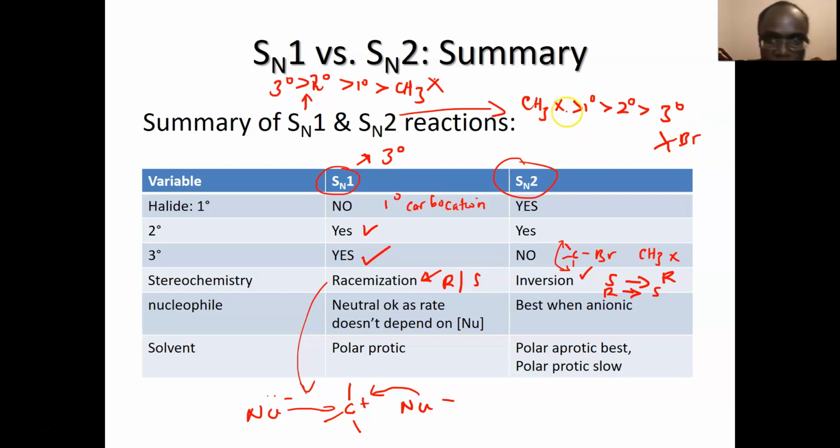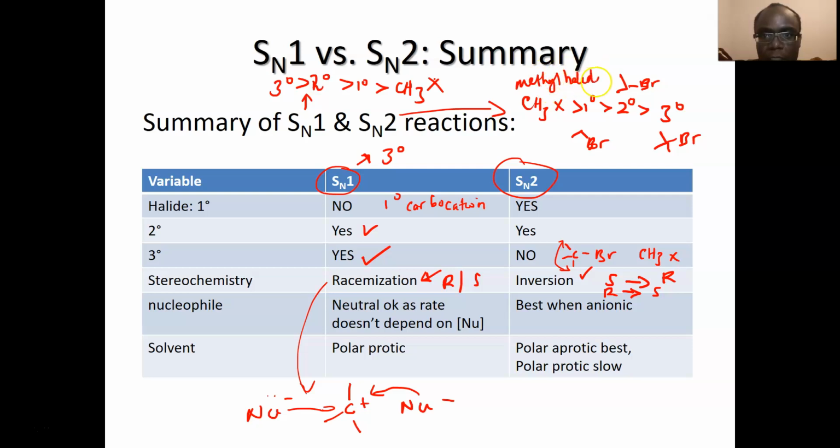Okay? So primary will be something like this. Secondary will be something like that structure, because the carbon bearing the leaving group is bonded to two other carbons. Here the carbon bearing the Br leaving group is bonded to one other carbon, so it's primary, and this is just called methyl halide.